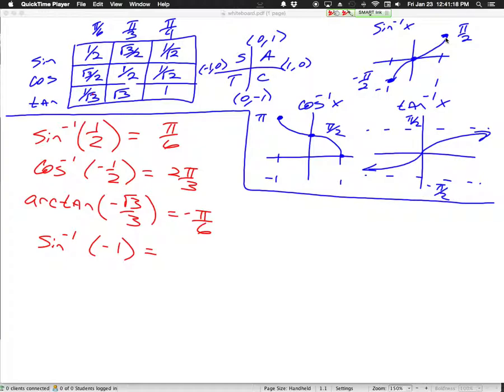Alright, on this one, I go to sine on my chart. I go across. There's no 1. So that means what? It's on the graph. I go to the graph. Negative 1 is right here. That matches negative pi over 2, so my answer is negative pi over 2.